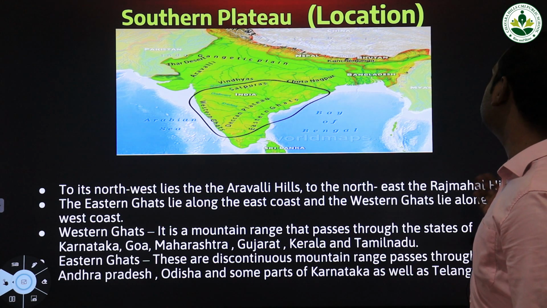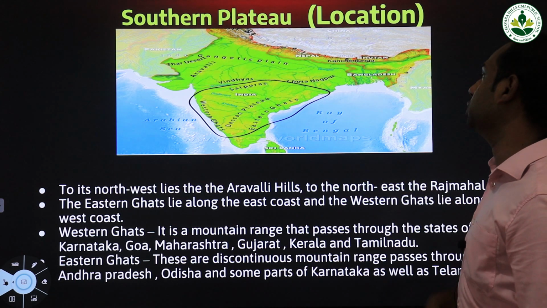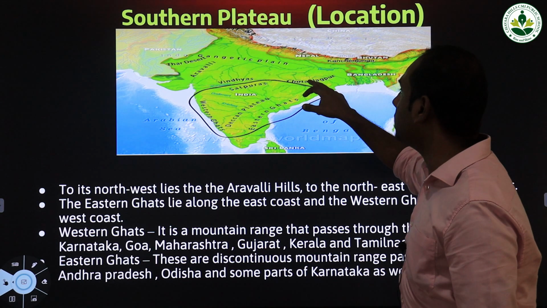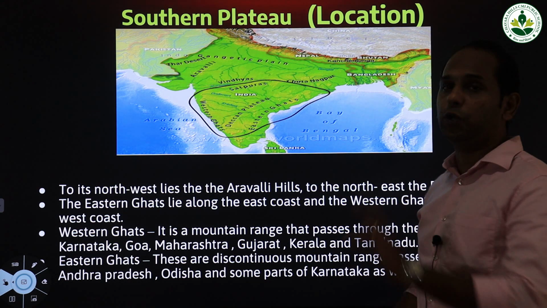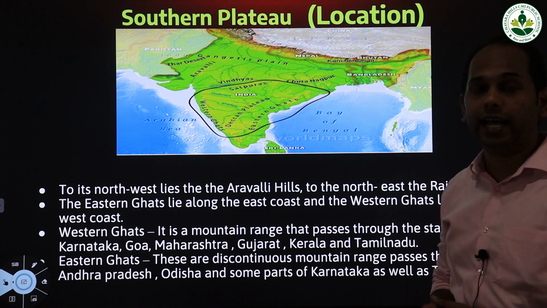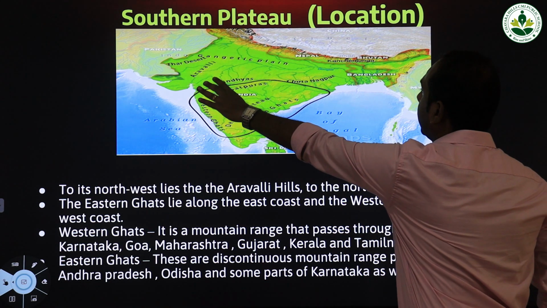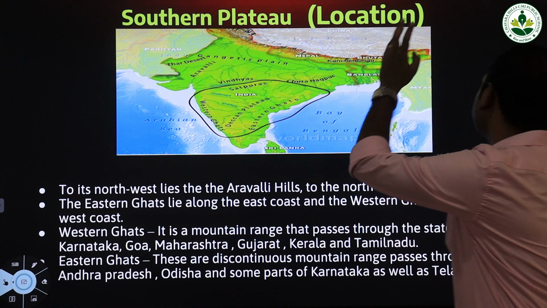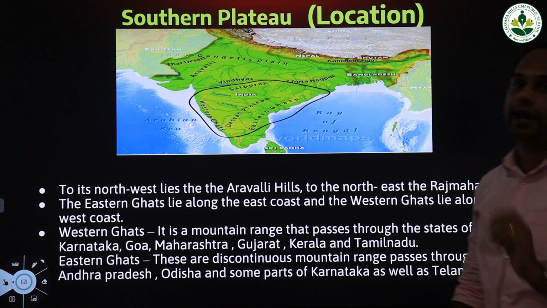And the Rajmahal Hills are also located in Southern Plateau in the northeast direction. So these are the two major mountain ranges which are located in the Southern Plateau. First one is Aravalli Hills in the northwest, and the Rajmahal Hills in the northeast direction.